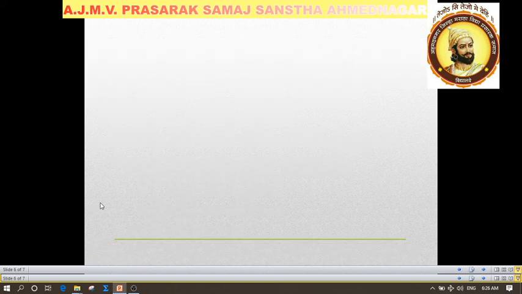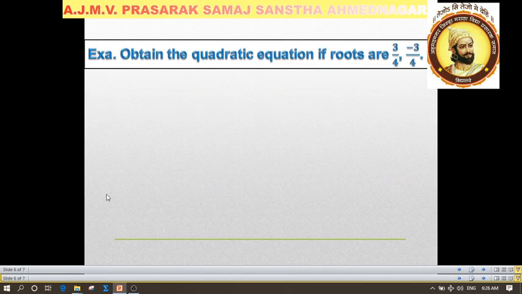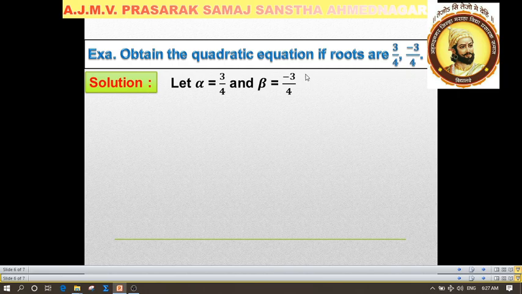Now let us take another example. Example third. Obtain the quadratic equation if roots are 3 upon 4 and minus 3 upon 4. So these roots are fractions. So let alpha is equal to 3 upon 4 and beta is equal to minus 3 upon 4. First take sum, alpha plus beta, 3 upon 4 plus minus 3 upon 4. 3 upon 4 plus and minus 3 upon 4 cancel, we get sum is equal to 0.